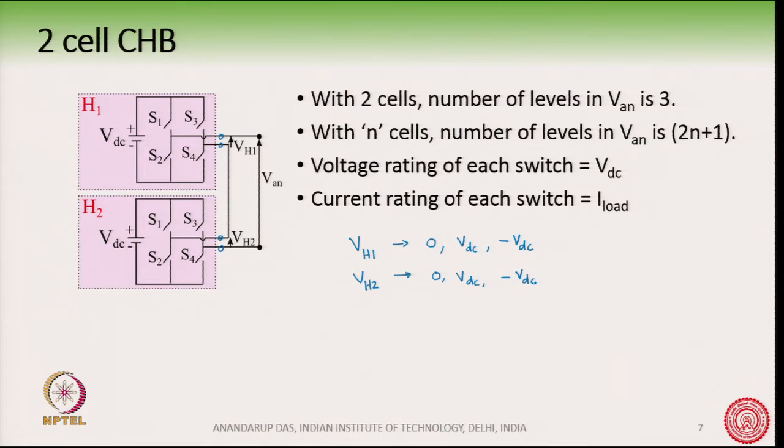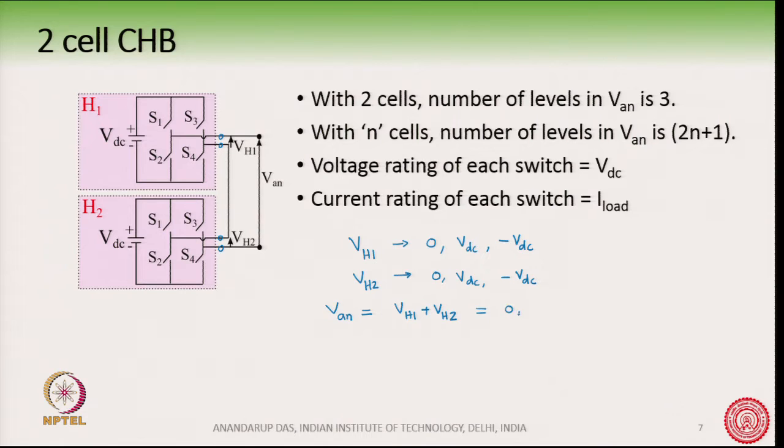Now, what is the voltage VAN? VAN is nothing but the sum of VH1 and VH2. So, we can make this sum. Suppose VH1 is 0. So, 0 plus 0 is 0.